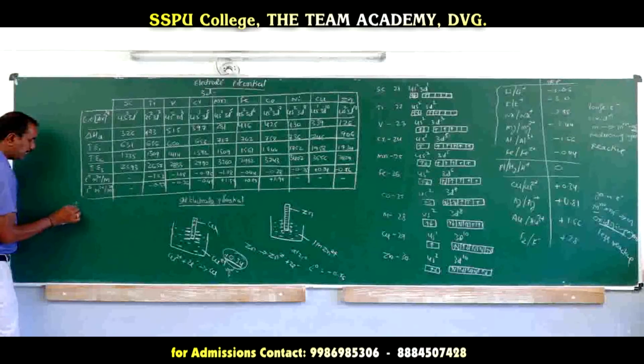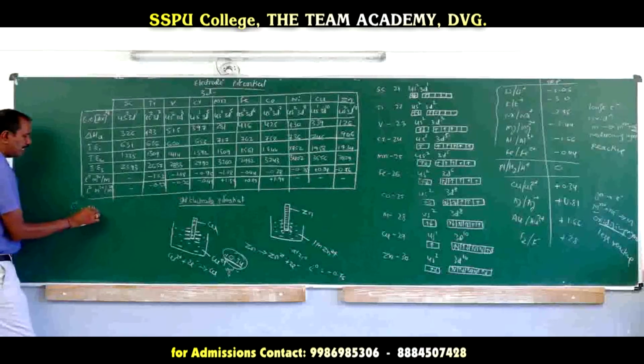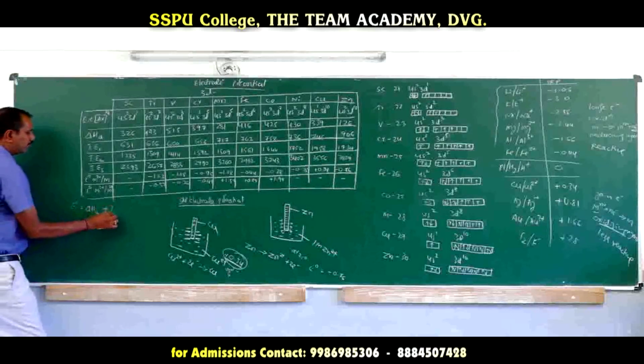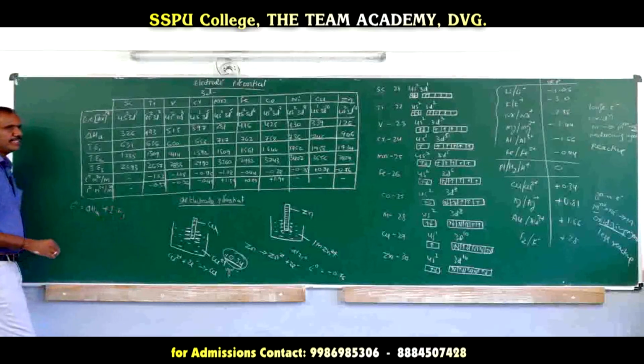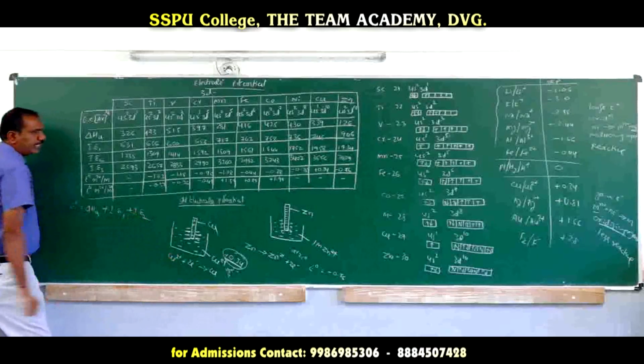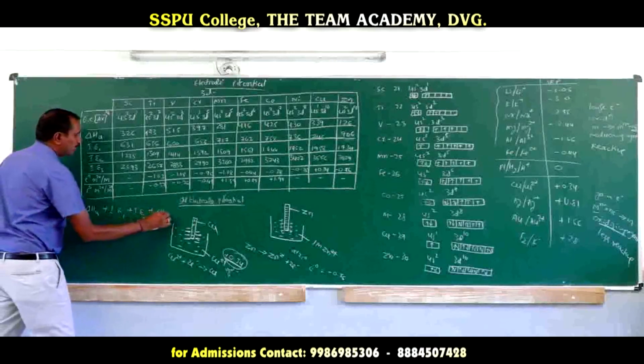The standard electrode potential can be calculated using one formula: enthalpy of atomization, or sublimation, plus IE1, ionization enthalpy 1, plus IE2, ionization enthalpy 2, plus delta H of hydration.